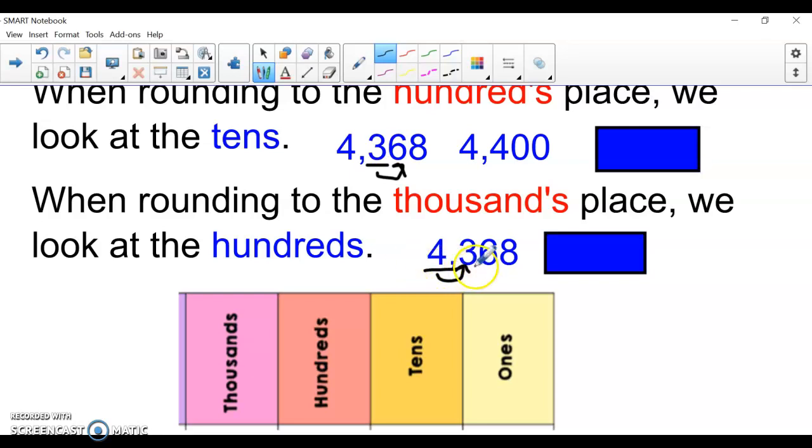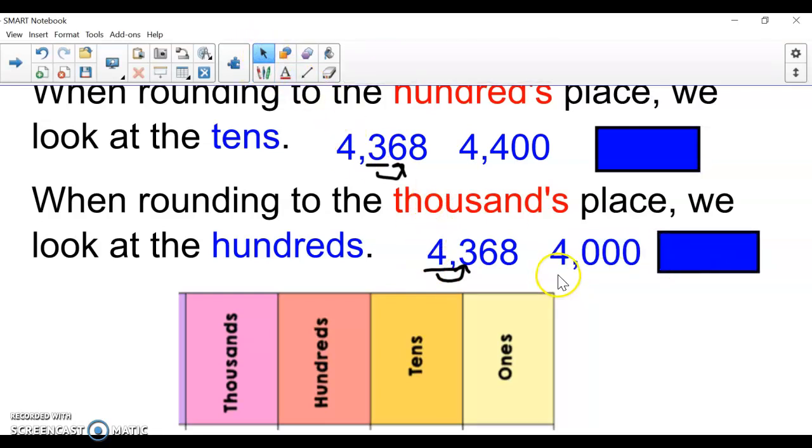If we are halfway in between 4,000 and 5,000, that would be 4,500. That's our middle point. 4,368 is below that. What that means is our new number when we round to the thousands place is simply 4,000, because this 3 tells us it's closer to 4,000 than it is to 5,000.